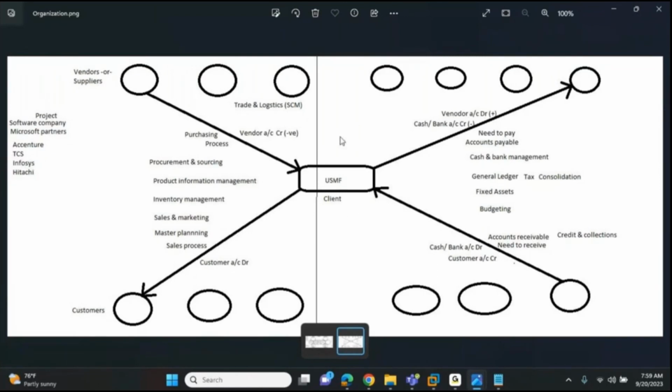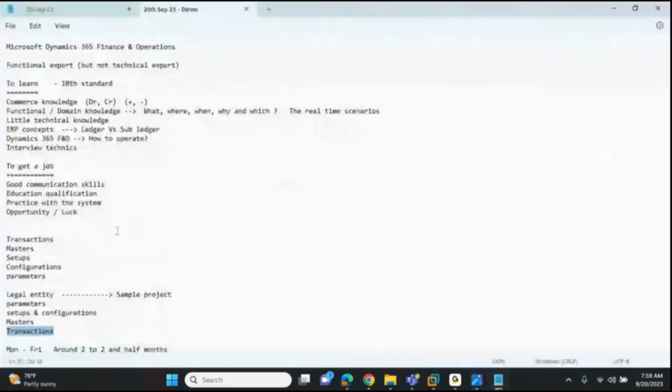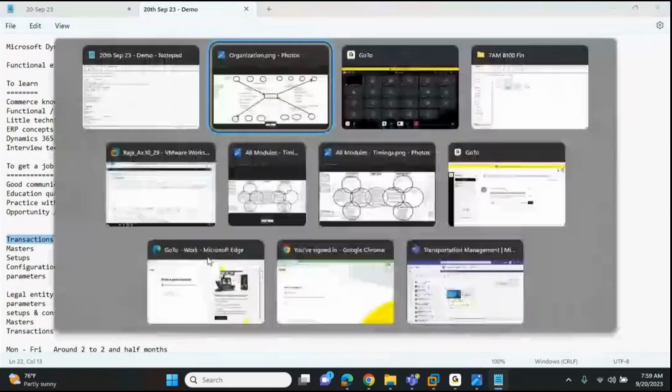That is the reason you are learning the activities of the business users, key users and end users here.